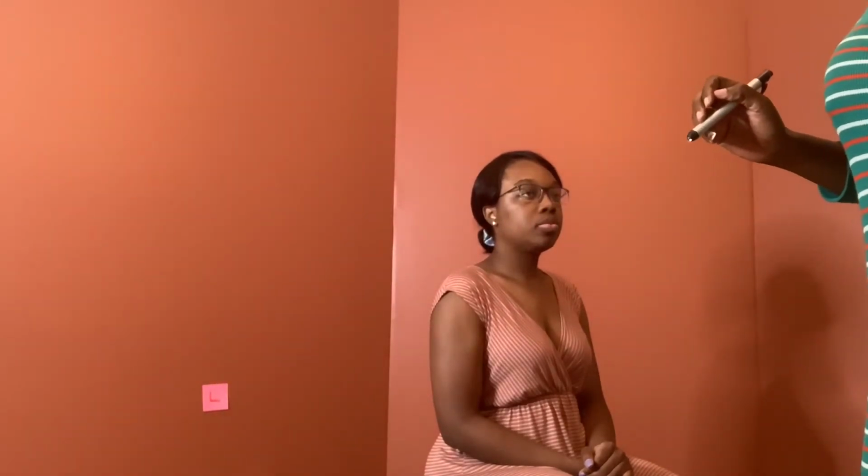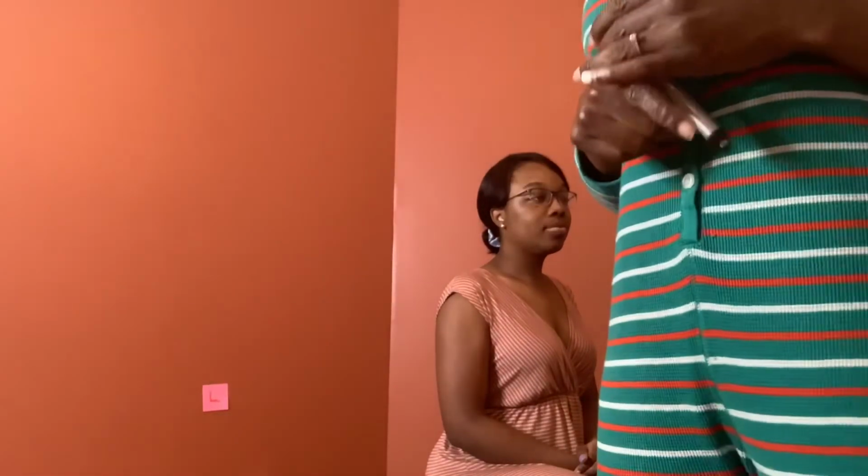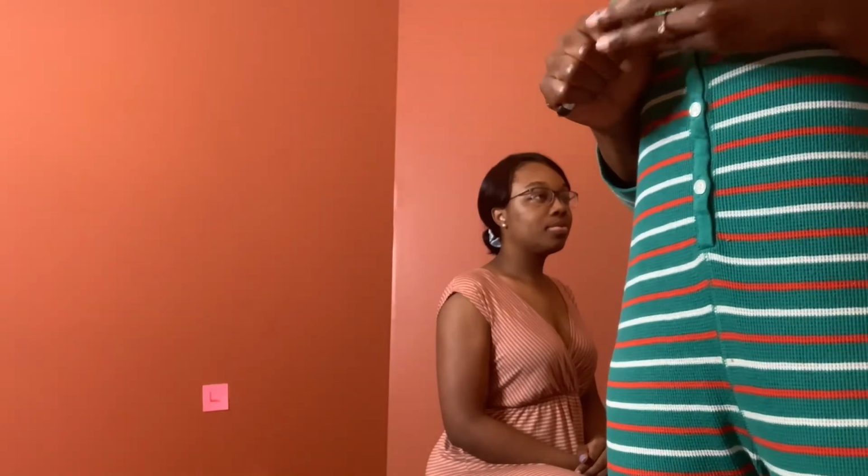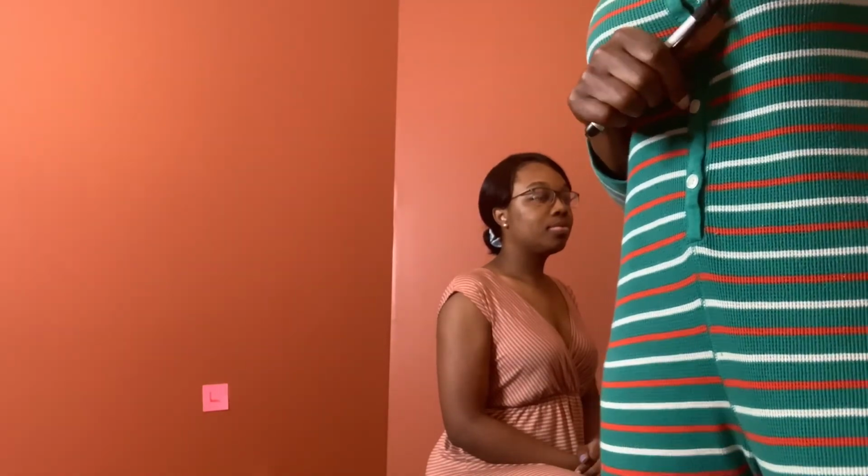Next, we're going to be evaluating motor function of the soft palate. I'm going to have my patient open her mouth and say ah, ah, ah. The next thing we're going to be doing is evaluating the hypoglossal nerve, which is cranial nerve 12.